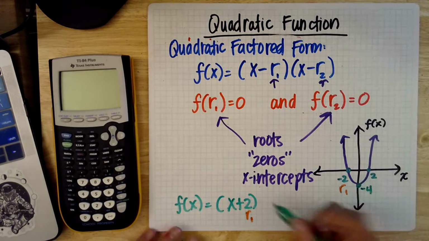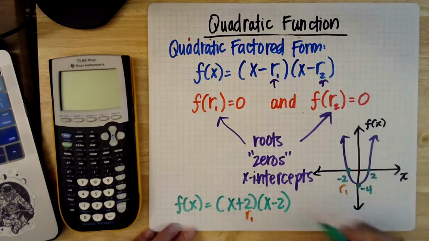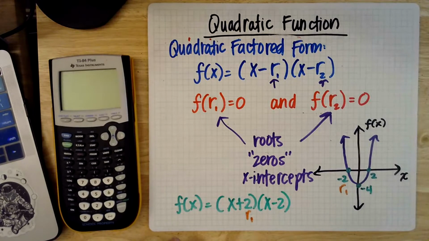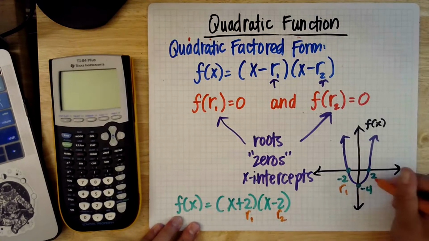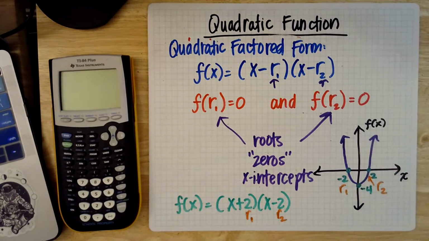And then over here, x minus 2, that's the second root, R2. Why? Because remember, these are telling me something about the x-intercepts, so it's always going to be opposite because of that difference analysis. But I'm going to come back to this one just to showcase.